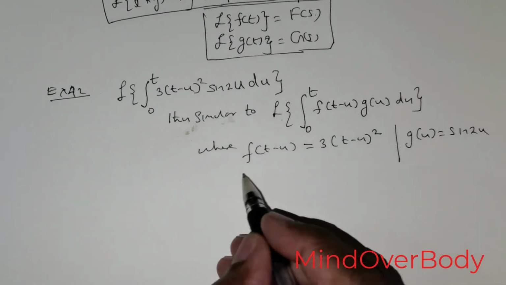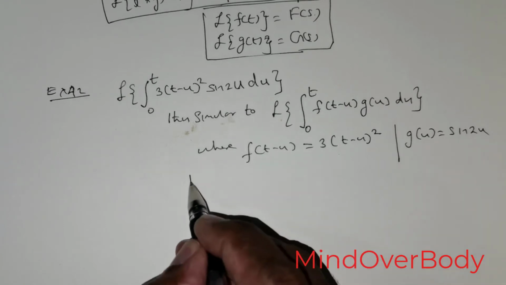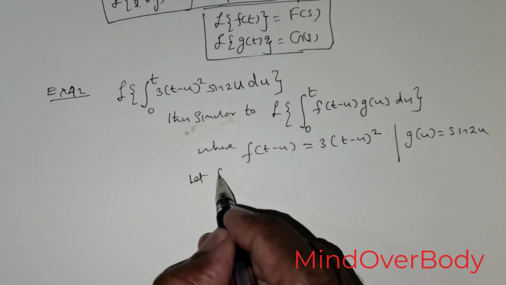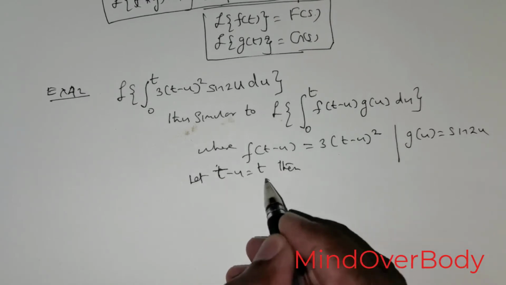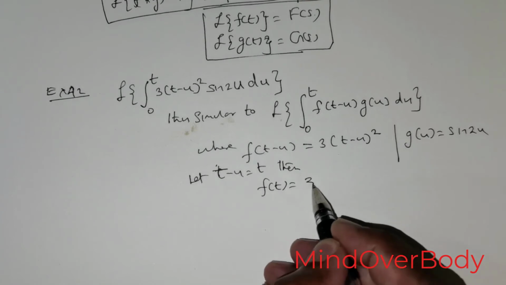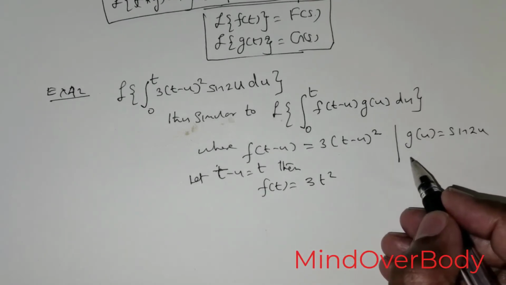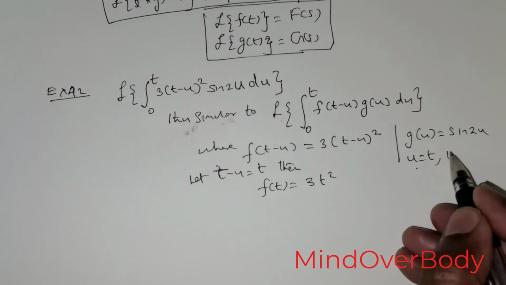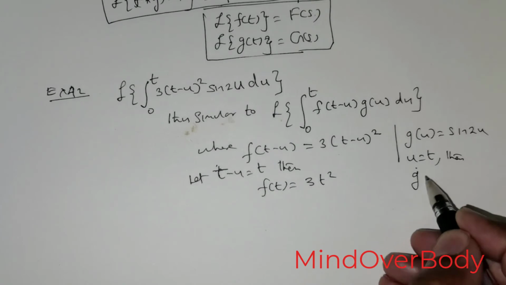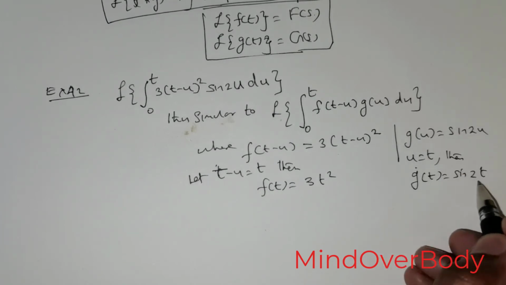So now clearly f of t can be obtained from here. If I take t minus u to be equal to t, then f of t is going to be 3 times t squared, and if I take u to be equal to t, then g of t is going to be sine 2t.